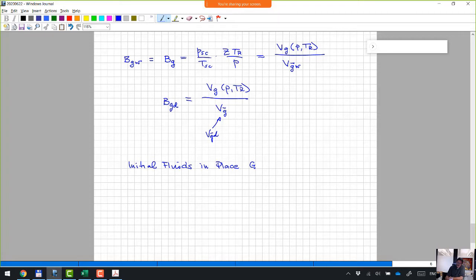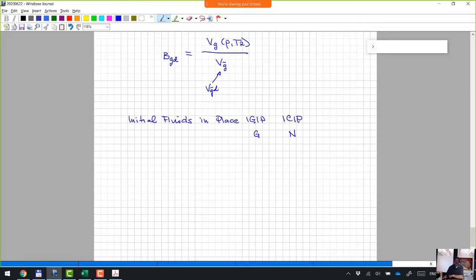We usually write the term G, and initial condensate in place, which we would call N, assuming there's no free oil. What we have is the geologist's hydrocarbon pore volume. How do we get these two numbers?